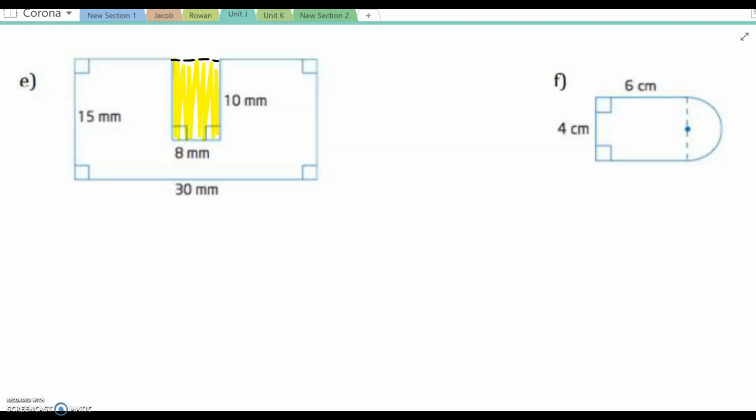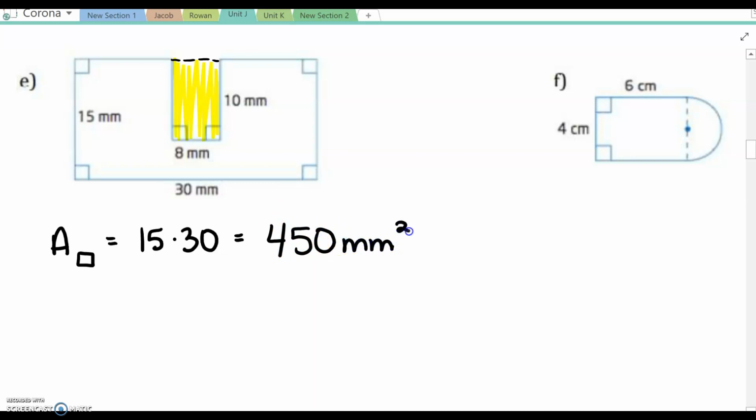So like I said, I'm going to choose to look at the full rectangle, which is 15 millimeters by 30 millimeters. So the area of the rectangle is 15 times 30. That's my base times my height. So I have an area of 450 millimeters squared. Then I want the area of the rectangle that's getting cut out.